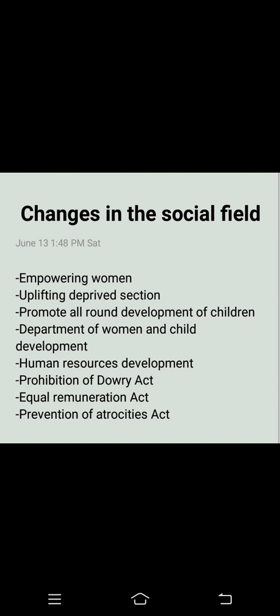That person will be liable to punishment. Or if we see that dowry is prohibited in our country and still there are families who are asking for it, that will be liable to punishment. So that is the Prevention of Atrocities Act.